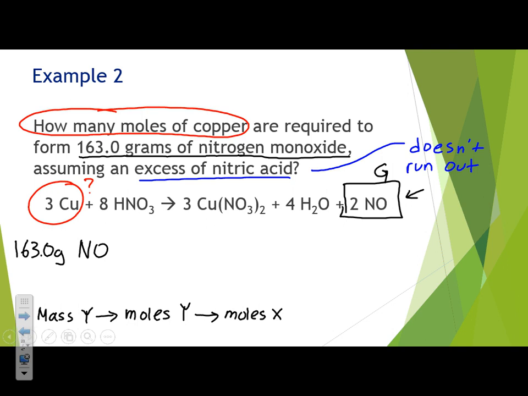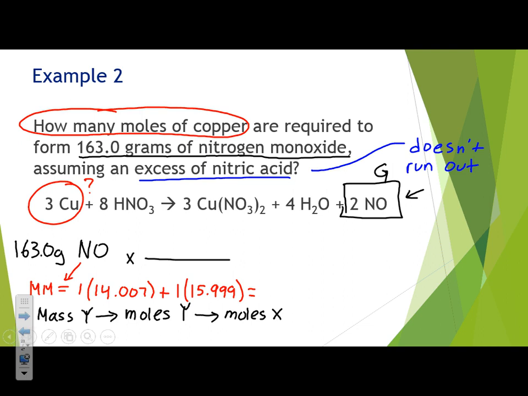So we've started with our mass. We now need a conversion factor to go to moles. So this is where we use our molar mass. The molar mass of nitrogen monoxide is going to be equal to 1 times the mass of the nitrogen, 14.007, plus the mass of 1 oxygen, or 15.999.